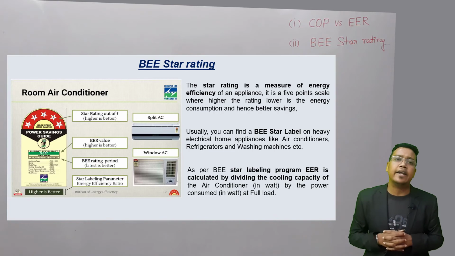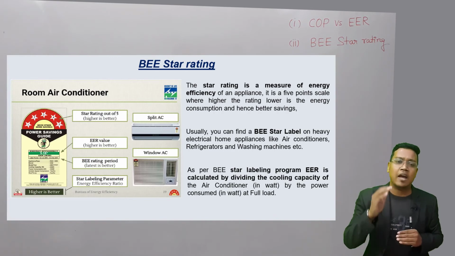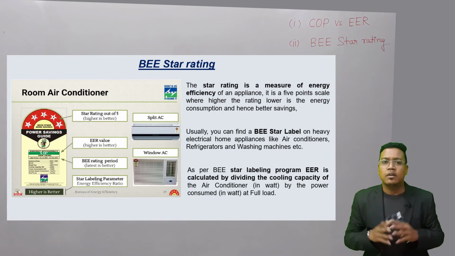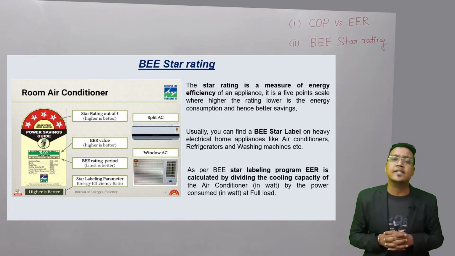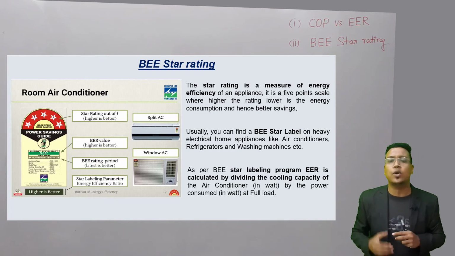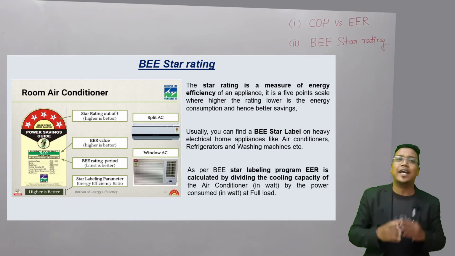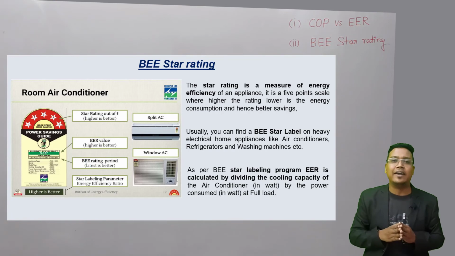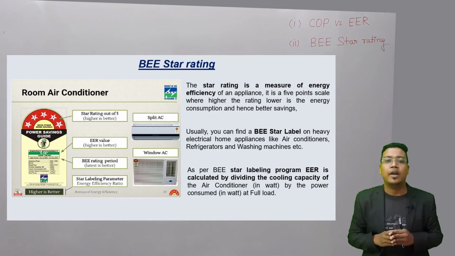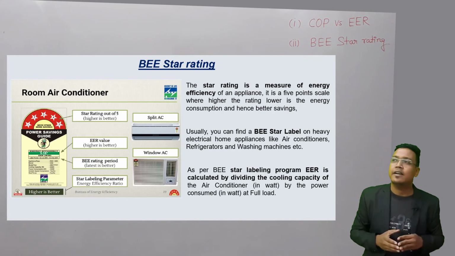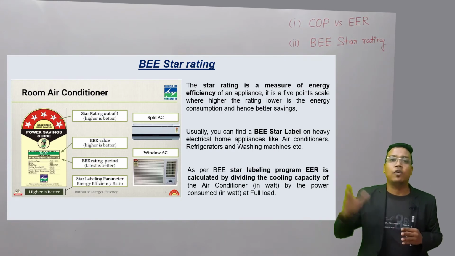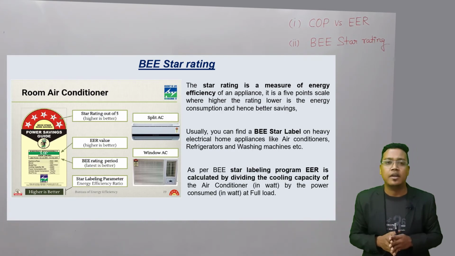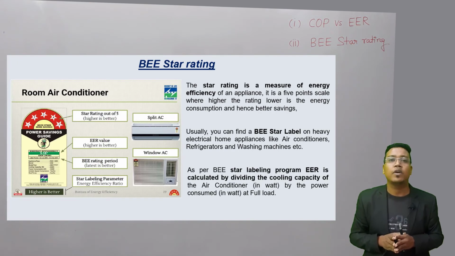Why is this star rating given? Friends, have you thought about why this star rating is given? It is because a common person who is buying an appliance or air conditioner, if you say the COP of that AC is 5.2, he doesn't know about the COP, and if you say the EER of that AC is 4, he doesn't know about the energy efficiency ratio.